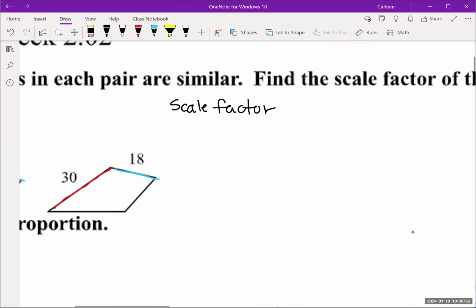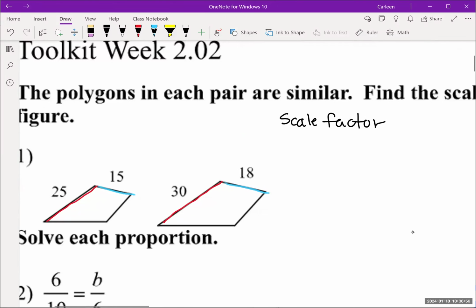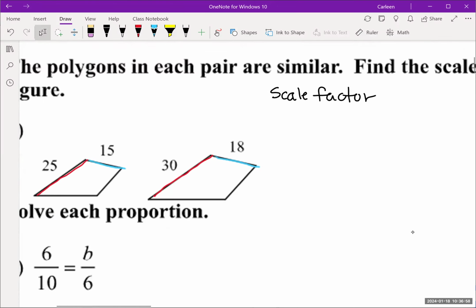Let's do, what does it say? Small to large. Okay, small to large. So I'm going to put 25 over 30. Yeah, and I'm going to reduce it. Both of these are divisible by 5. Okay, so what is the final scale factor?